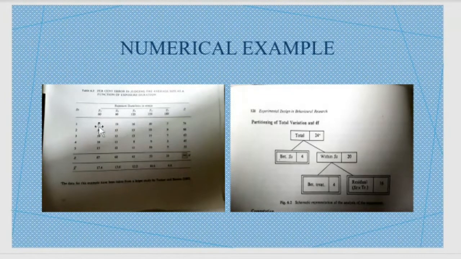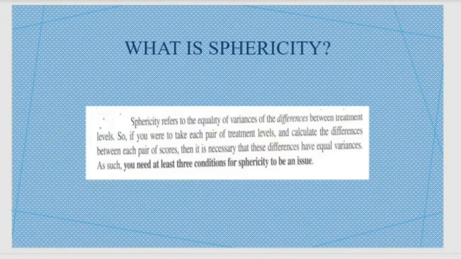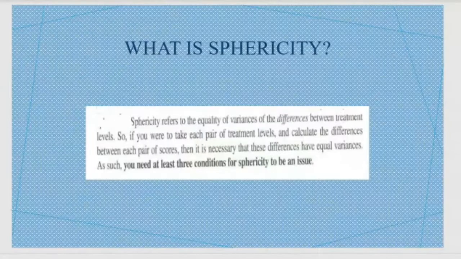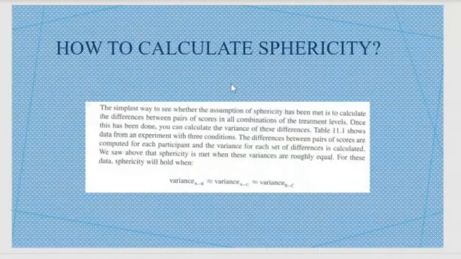If they have equal variance, then only we can say that the assumption of sphericity is fulfilled. If it is not, then we will say that the assumption of sphericity is not fulfilled. Is it clear?